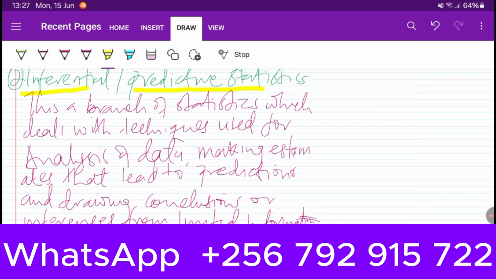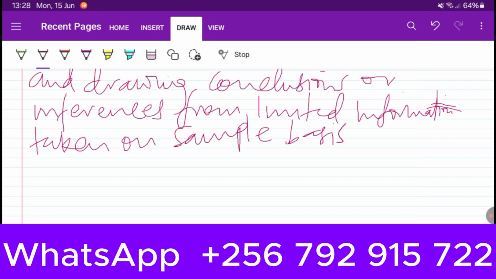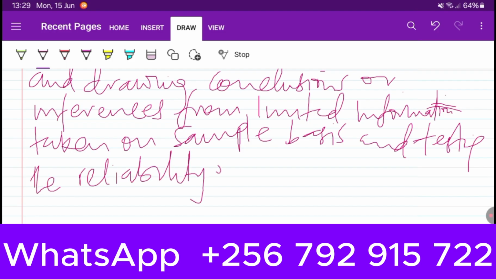So inferential statistics is the branch of statistics which deals with techniques used for analysis of data, making estimates that lead to predictions, and drawing conclusions or inferences from limited information taken on a sample basis, and testing the reliability of the estimates or predictions.